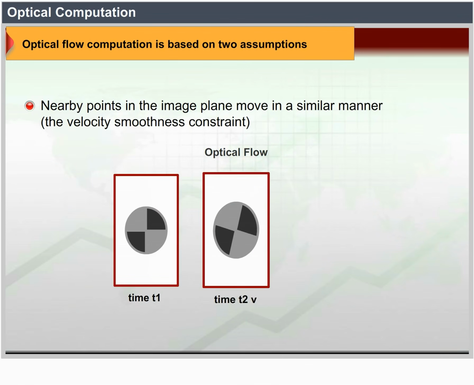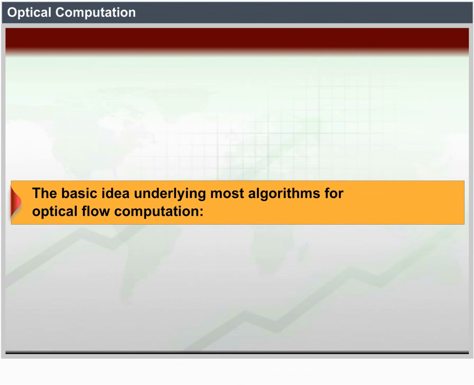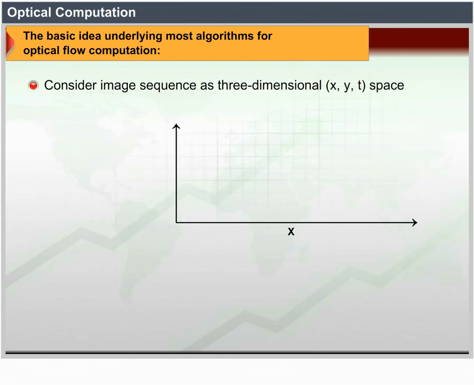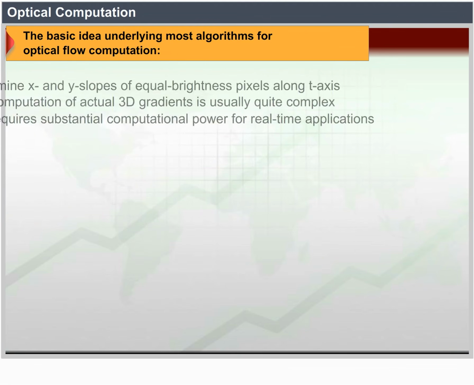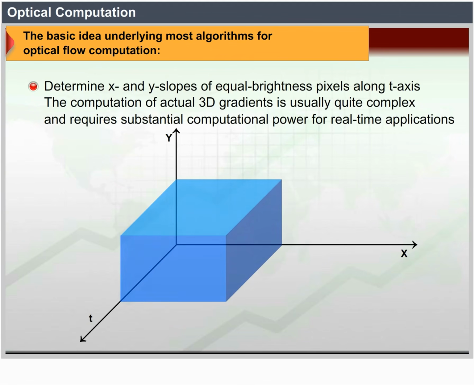The basic idea underlying most algorithms for optical flow computation is to regard the image sequence as a 3-dimensional (x, y, t) space and determine the x and y slopes of equal brightness pixels along the t-axis. The computation of actual 3D gradients is usually quite complex and requires substantial computational power for real-time applications.